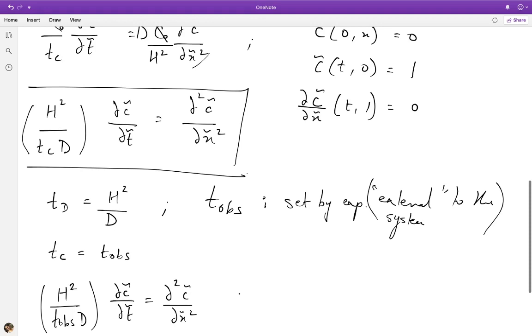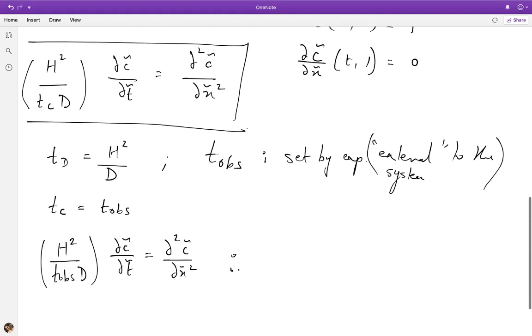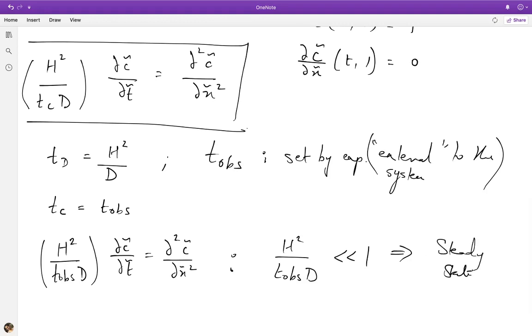This is the governing equation, and now that leads me to the following condition: if h square by t observation d is much less than 1, I can say that I have hit steady state. Why? Because I can basically drop this unsteady term, since dc by dt is at most of order 1.